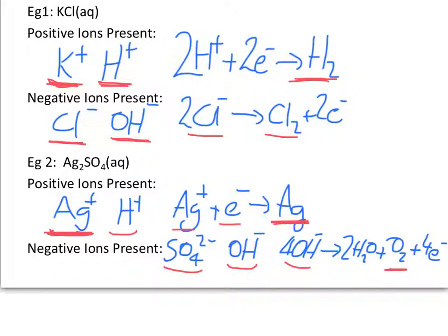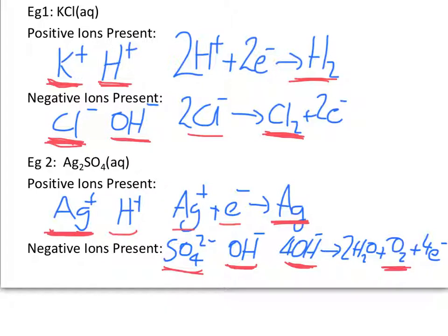And for the negative ions, if you have a halide, you get the halogen forming, and if you don't have a halide, you get oxygen forming, which forms from the hydroxide in water.